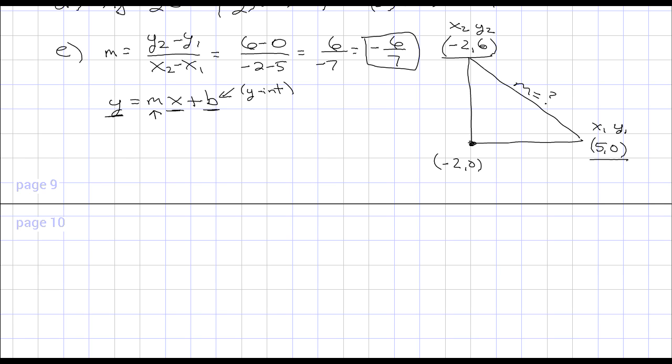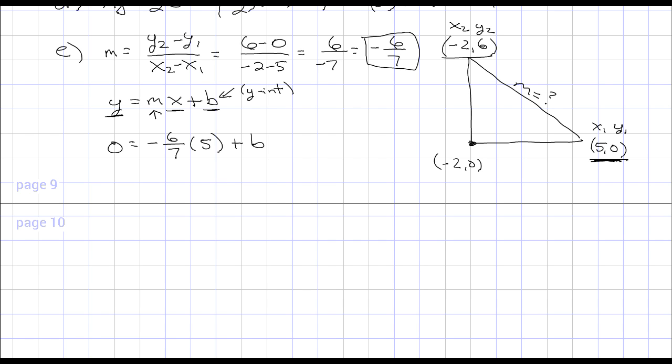But don't intermingle them. Just pick one or the other. It doesn't matter. I'm going to go with the 5, 0, because zeros usually help simplify calculations. So I'm going to plug in 0 for y and 5 for x. So 0 is equal to -6/7 x plus b.